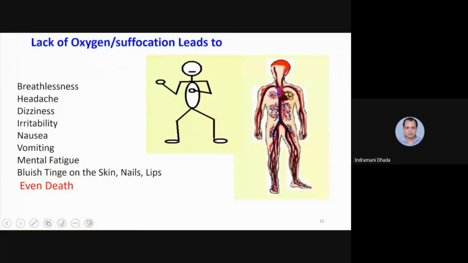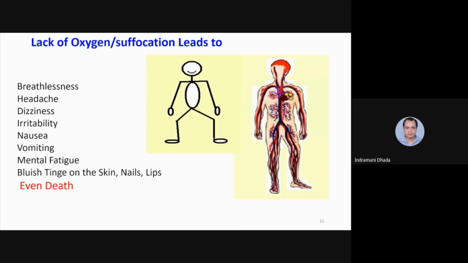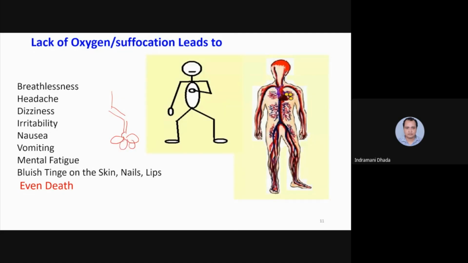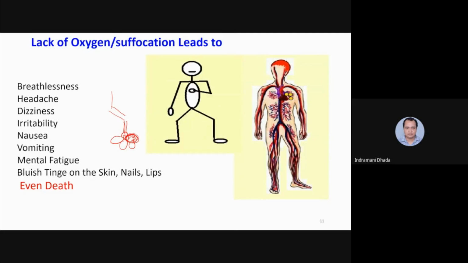So what happens to us when we are inhaling some particles into our lungs? That means some part of our lungs is blocked, the alveolar region. In the alveolar region we have the bronchi and we have alveoli. When we are inhaling, oxygen fills these alveoli. If a particle is blocked here, then the oxygen carrying capacity of the alveolus will be reduced.